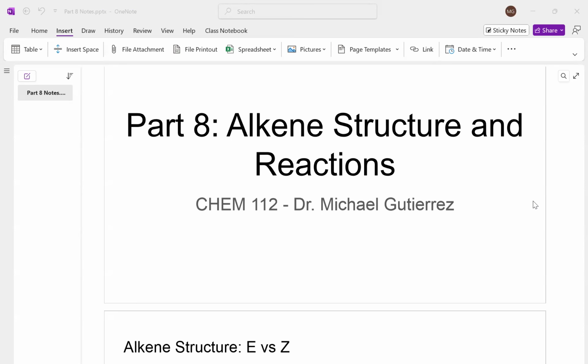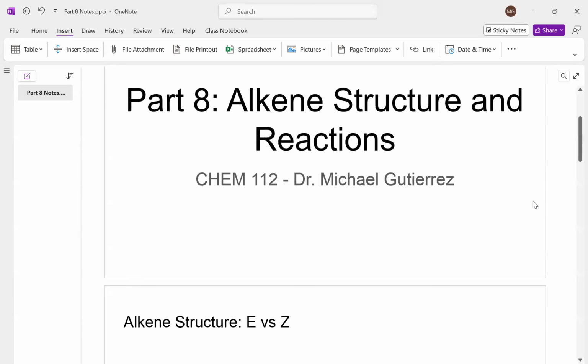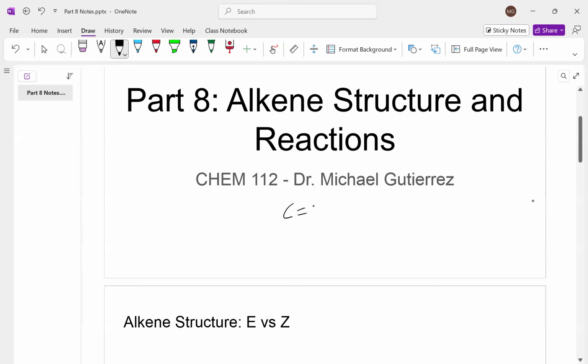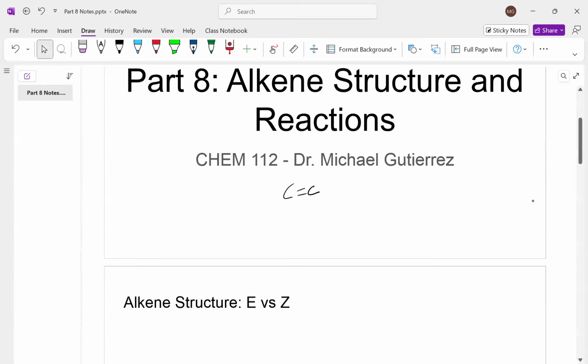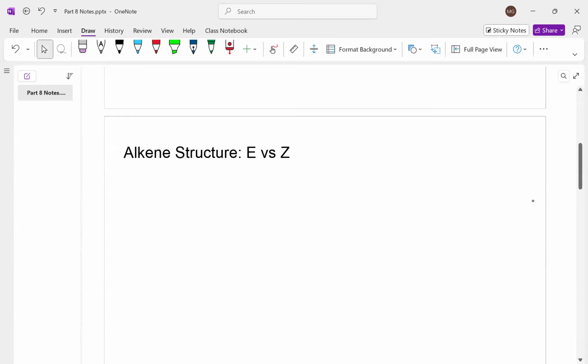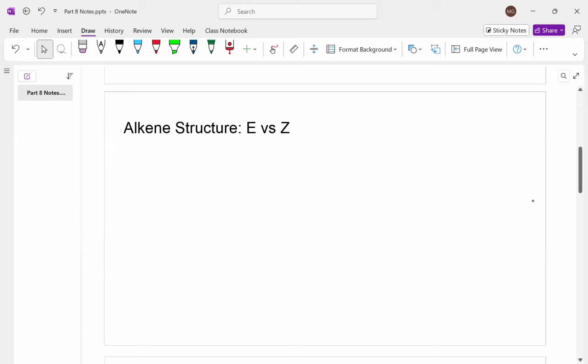We've talked about alkenes a little bit, but these are hydrocarbons that contain a carbon-carbon double bond. And we looked at the nomenclature of those briefly in a previous unit. So I just want to talk a little bit about alkene structure and another way to designate certain alkenes, because we've talked about the difference between cis alkenes and trans alkenes.